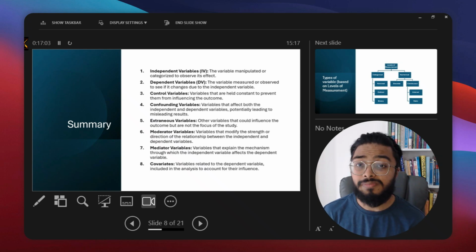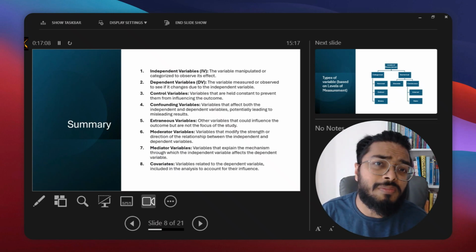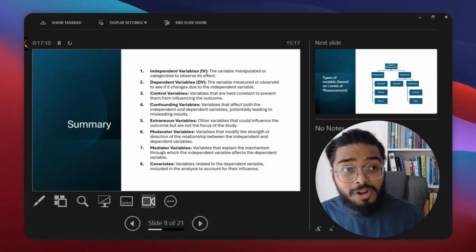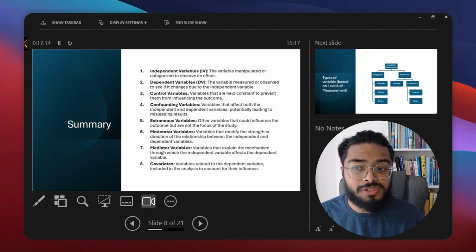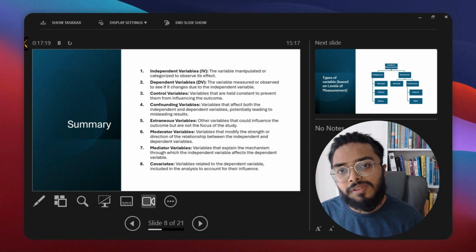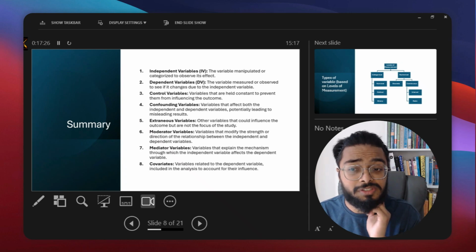Like maybe it's too hot in the afternoon and students perform worse, not because they had sleep last night or not, but because of the temperature. And temperature was not something we were studying, so that's an extraneous variable. So our goal would be to minimize these confounding variables and extraneous variables as much as possible.